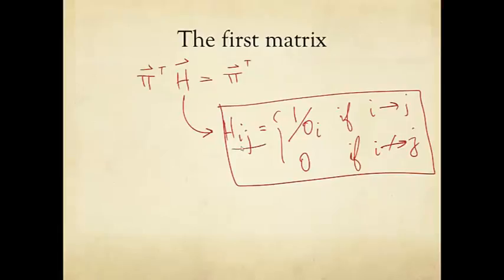What's the point of doing that? The point is that then you can represent the linear equation through a matrix representation: pi transpose times H equals pi transpose.